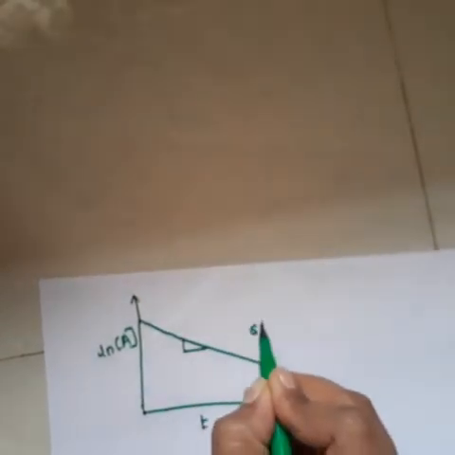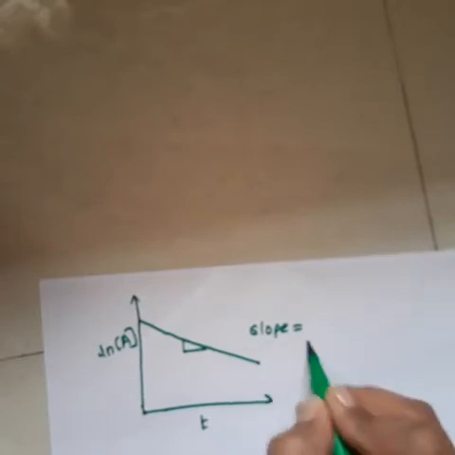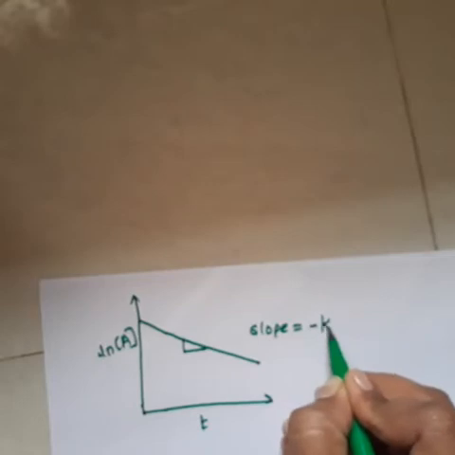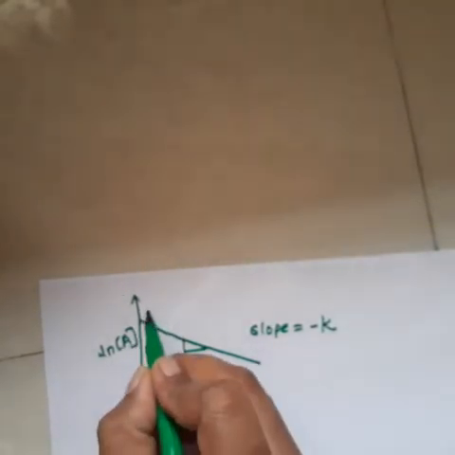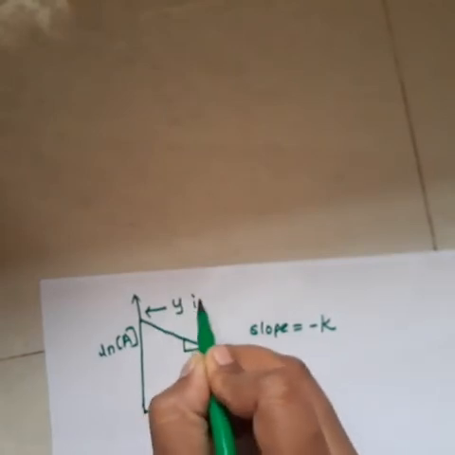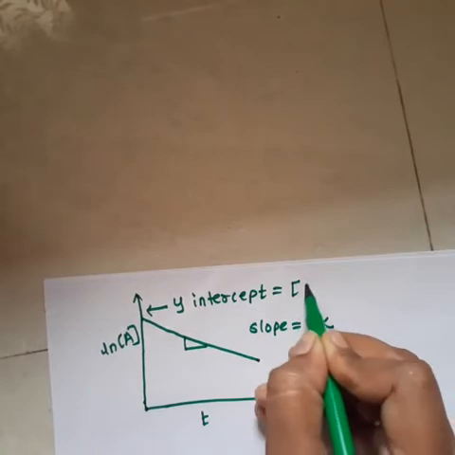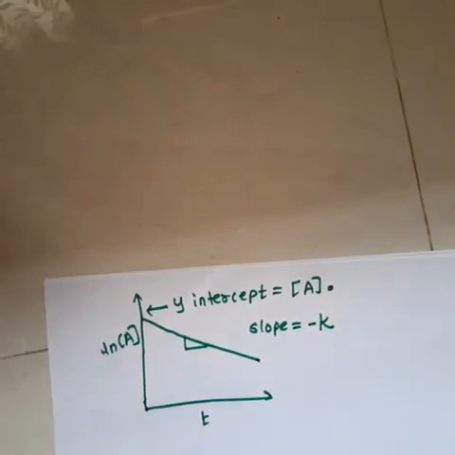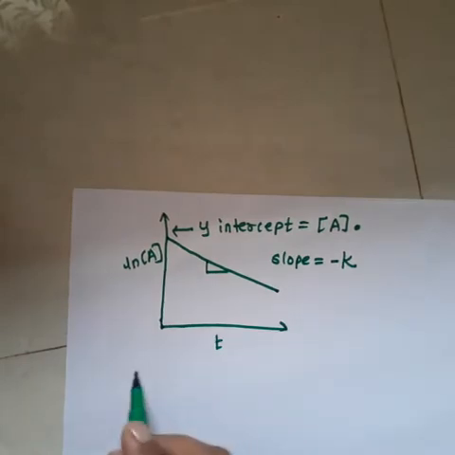Because the slope of this first order reaction is minus k. So this line is decreasing. And what is this y intercept? Y intercept is equal to ln a0. So this is the graph for the first order reaction.